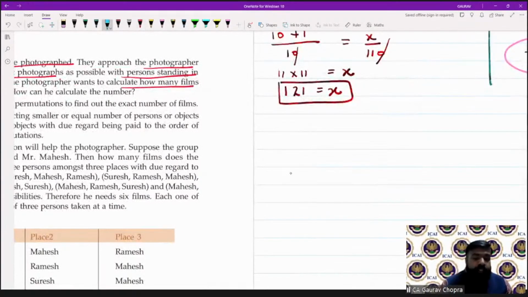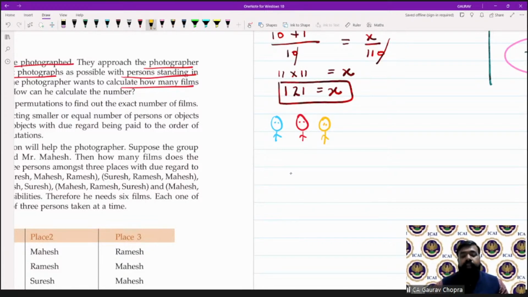Let's say we are taking 3 persons. First one is Mr. Blue. Second person is Mr. Red. And third person is Mr. Yellow. Now, in how many ways can they stand for the photograph?